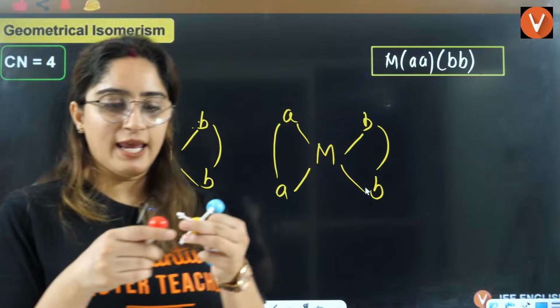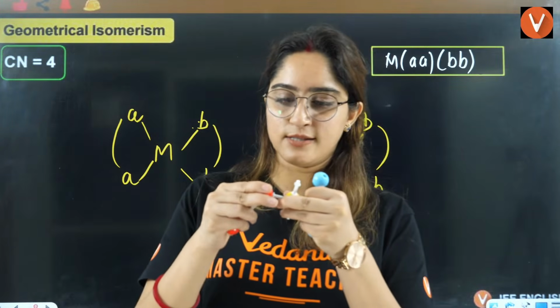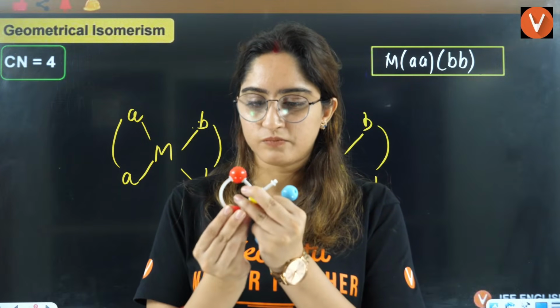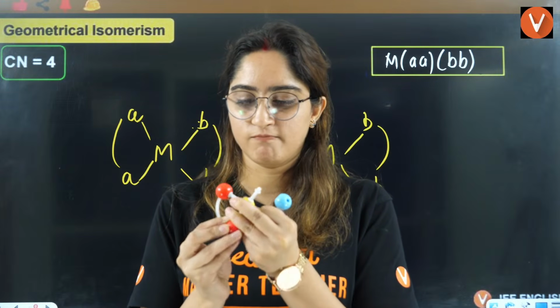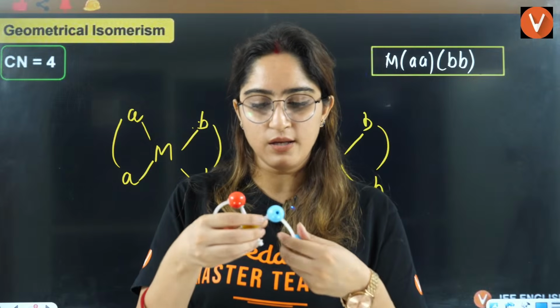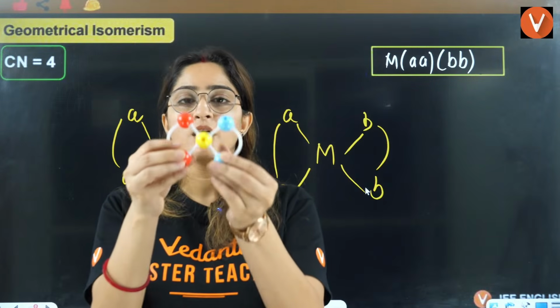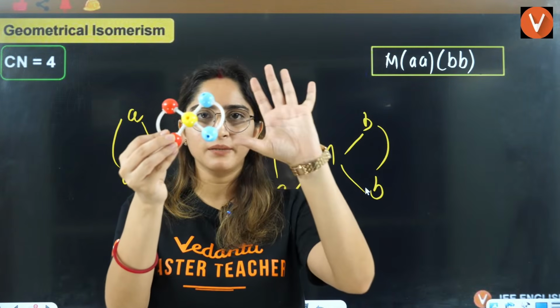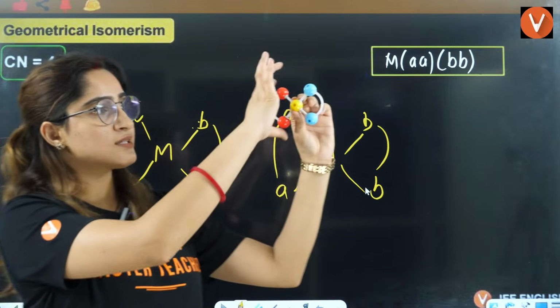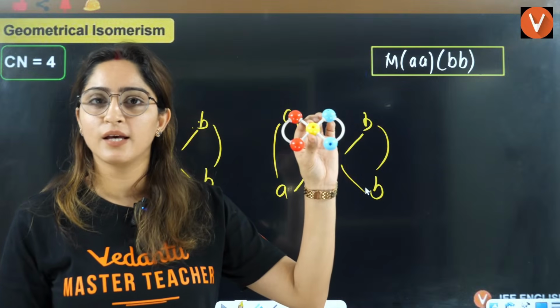So when you put AA ligand here, this is AA, okay? And this is BB, B and B. So this is AA, BB, right? Now if you see this here, this is AA and this is BB, right?